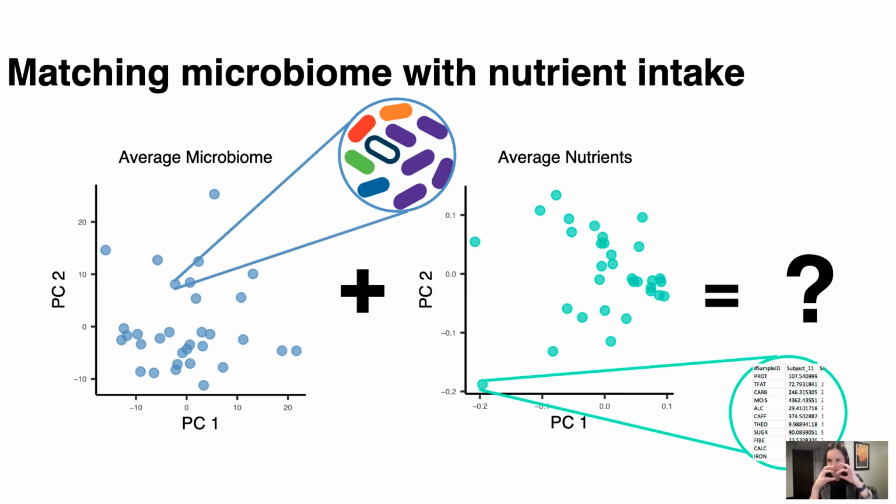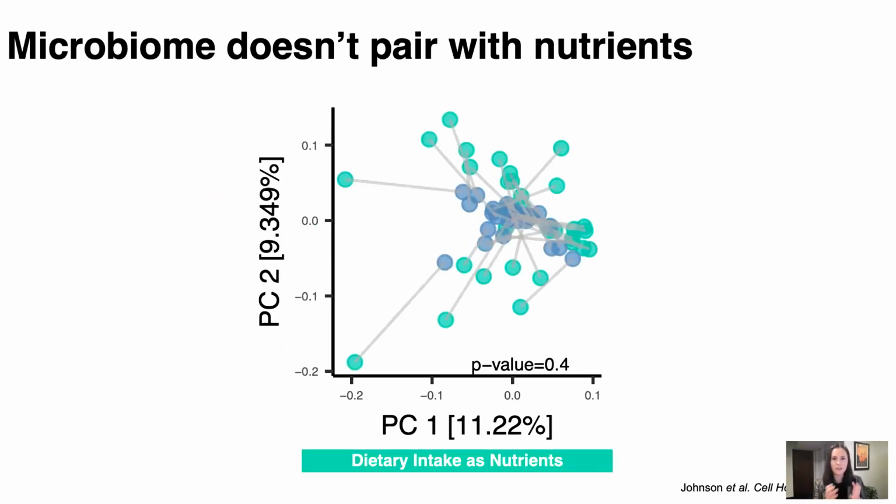Then it shuffles the points 1,000 times to get a representative distribution of all of the possible distances that you could create from those points. And it asks whether or not the actual pairing is better than what you'd expect. And when you look at the nutrients, we find that the microbiome doesn't pair with the nutrients.